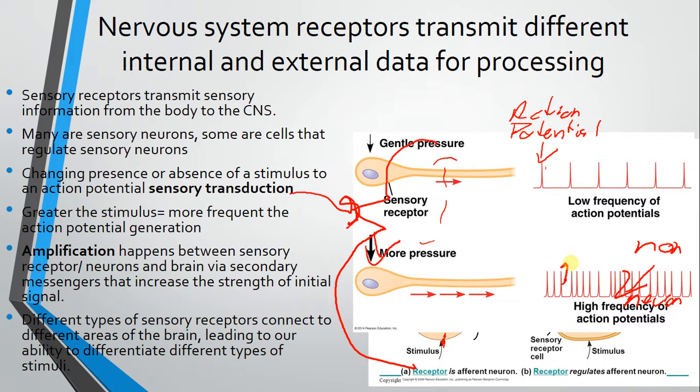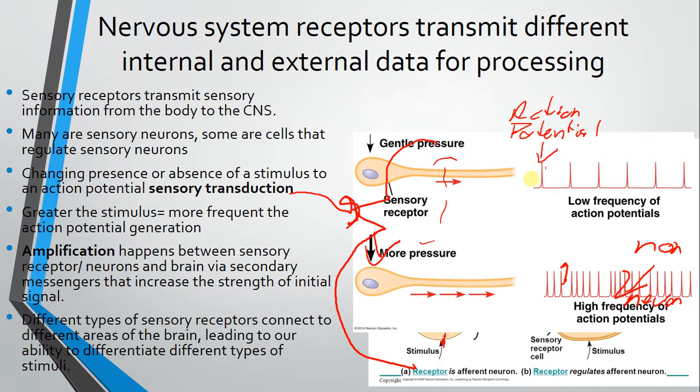Now, on its trip to the central nervous system, amplification happens, which is increasing the strength from this initial signal to a very strong signal. That's why your eyes can actually respond to a single photon of light, because through this amplification a very weak signal from one sensory receptor can be recognized by your whole central nervous system.